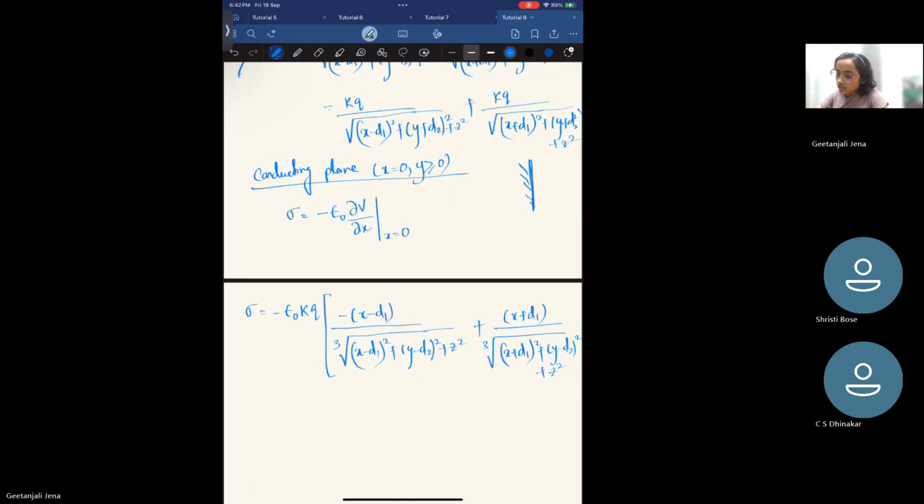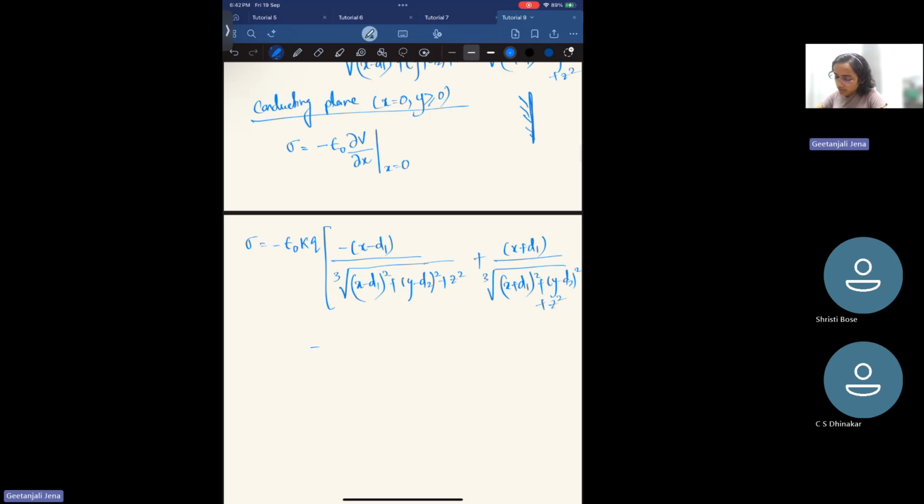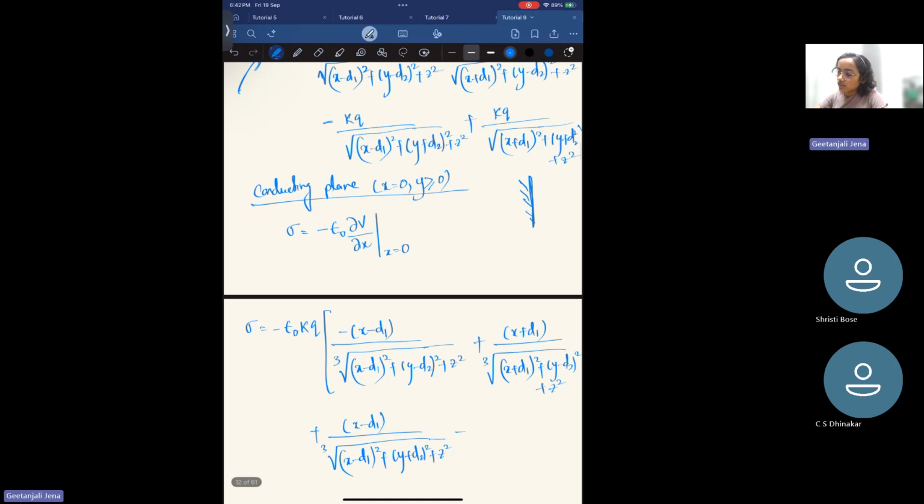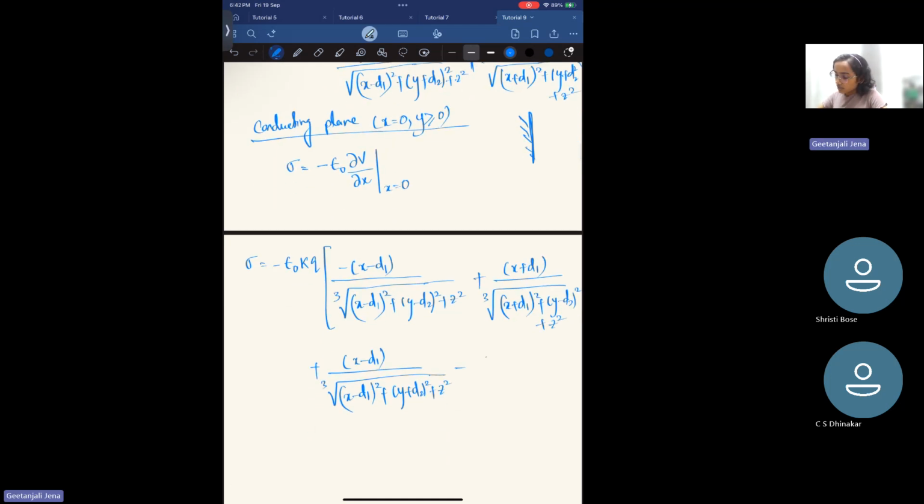Similarly, here it is negative, so plus x minus d1, over x minus d1 square, y plus d2 square plus z square to the three-halves. And there is a plus, which will give minus x plus d1, over x plus d1 square plus y plus d2 square plus z square to the three-halves.